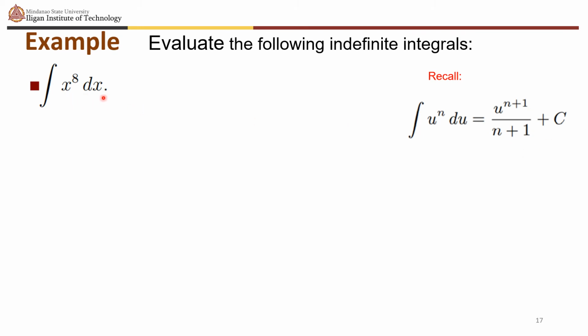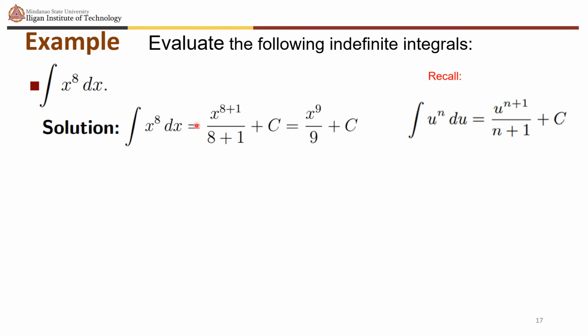Meaning, we simply add 1 to the exponent and divide by that n plus 1. So the integral of x to the 8 dx is x to the 8 plus 1 over 8 plus 1 plus c, which becomes x to the 9 over 9 plus c.